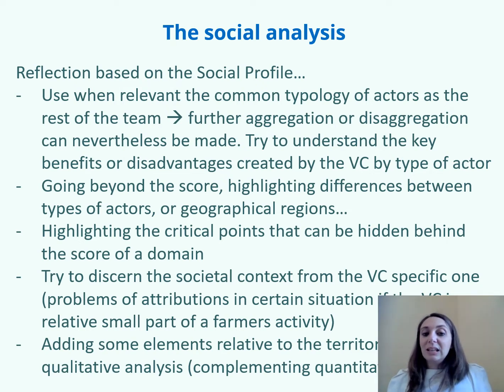So this is the key information that is interesting for policymakers, because you might want to pinpoint that actually policymakers should act differently and tailor their action differently according to the type of actors or according, for example, to geographical regions.